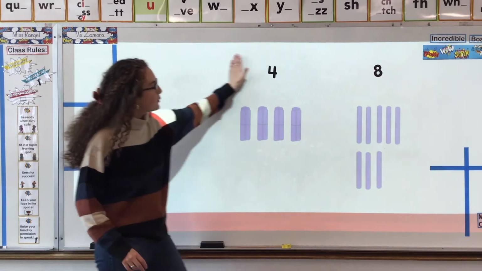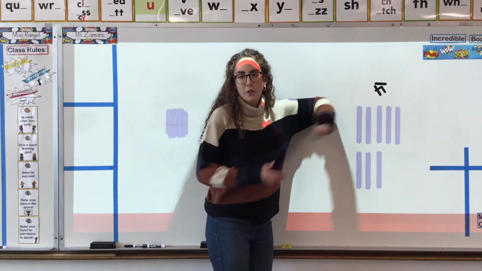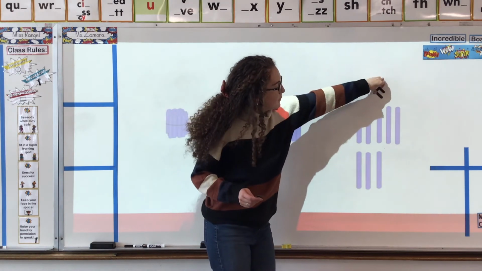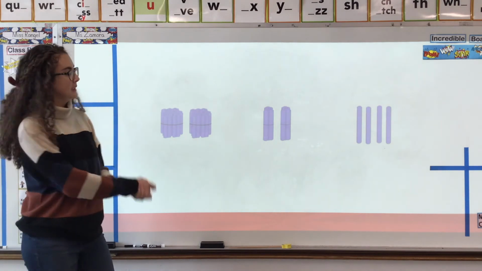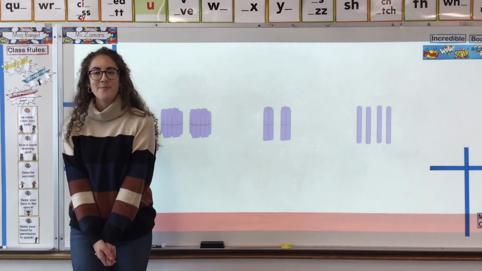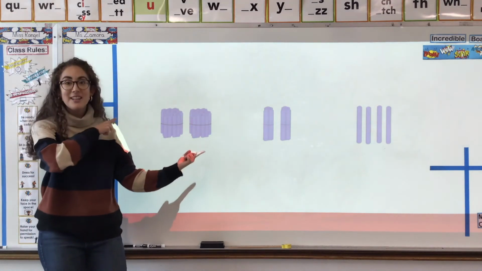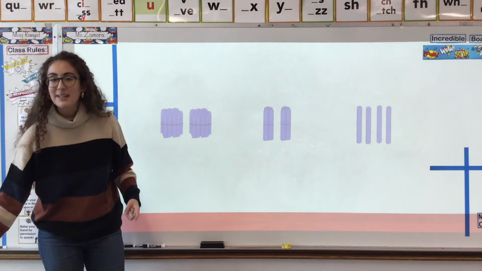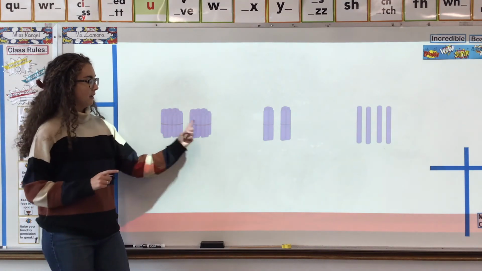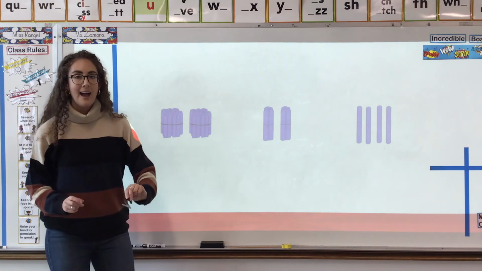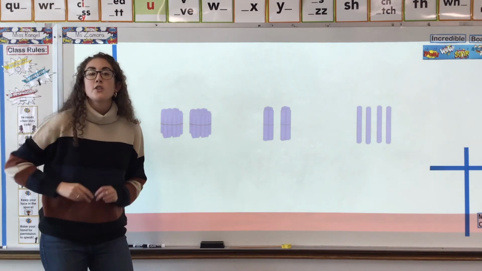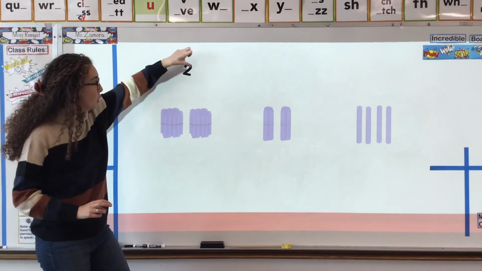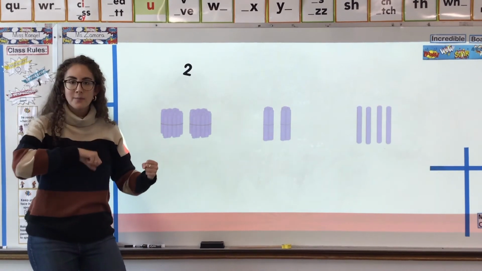Okay, let's look at one more picture to determine that value. Here we go. Here is our last picture we're going to look at. Okay, how many hundreds are in this number? How many hundreds? There are 200s, so that's going to be shown by a 2 in the hundreds place.